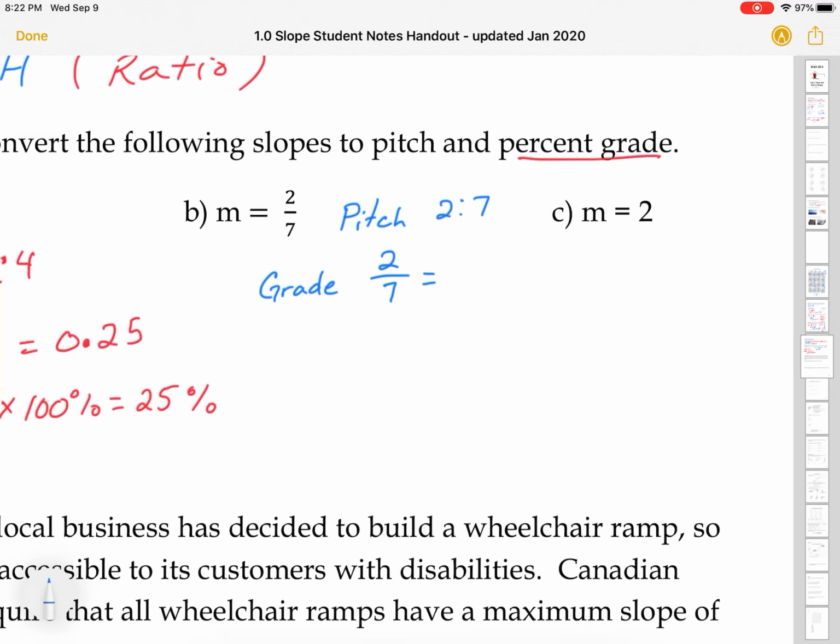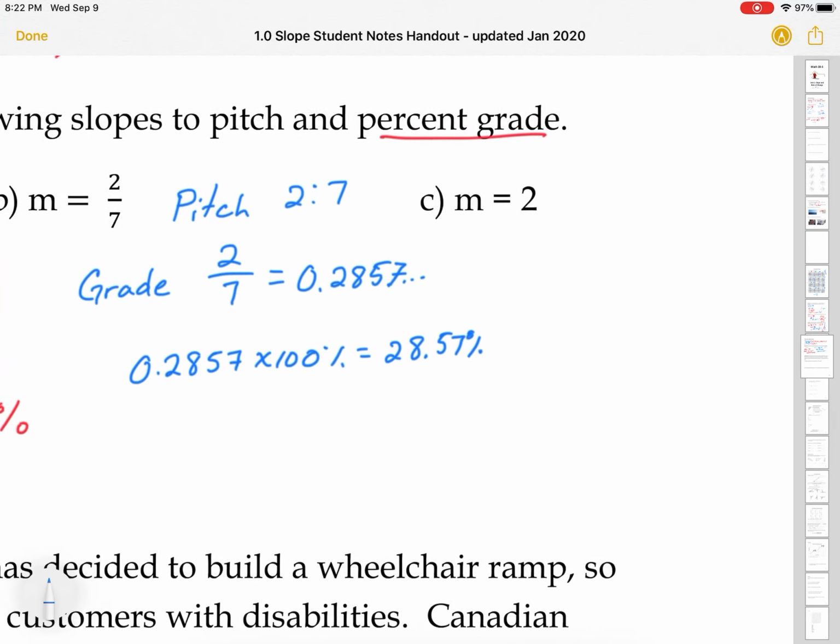When I go 2 divided by 7, I get 0.2857... So I'm going to take that decimal, times it by 100%, and I get 28.57%. I'm going by the 2 decimal place rule.